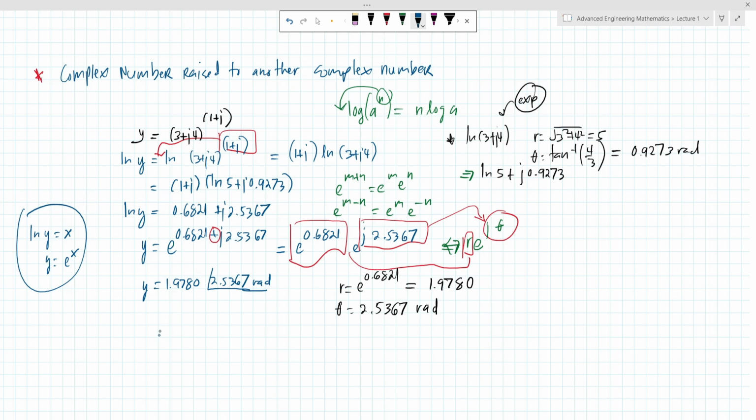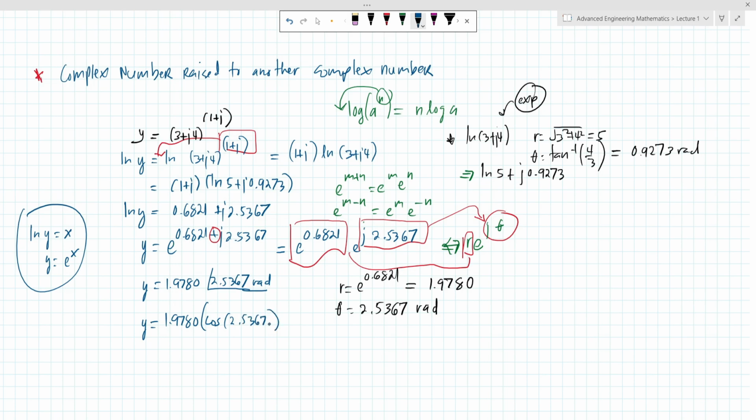Say for example the required form is rectangular. You should convert this into rectangular form. So that is y equal to 1.9780 times the quantity cosine of 2.5367 plus j sine of 2.5367.